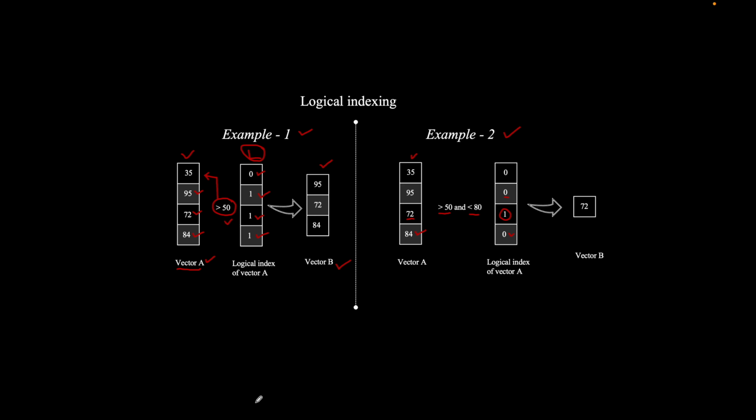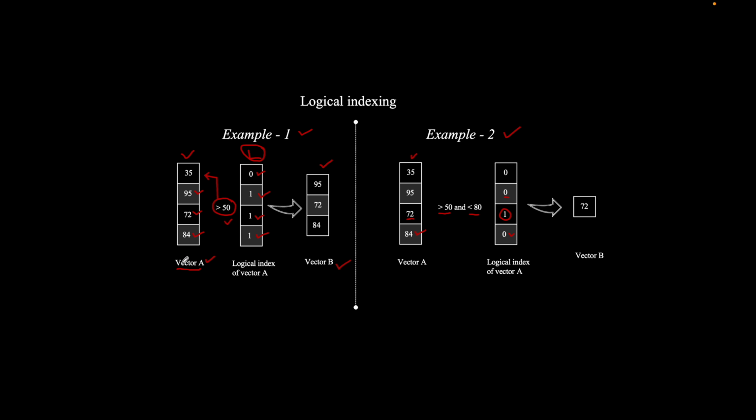And this is a practical implementation of how you can use logical indexing. You can use multiple layers of logical indexing, like in the second case, 50 and 80. You can also add some more additional logic after this, so that you get the relevant amount of data that you need. And that is how you can operate logical indexing.